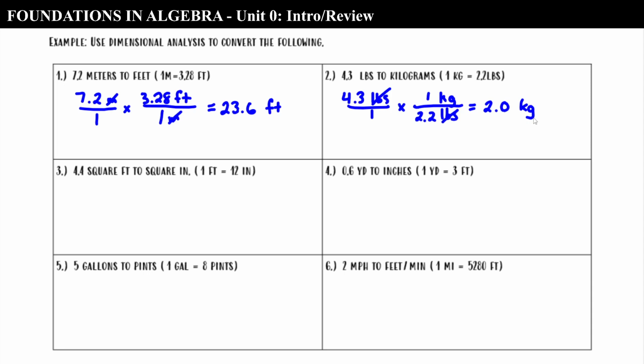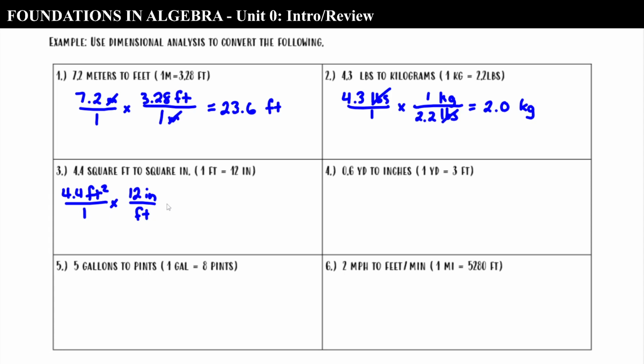For number 3, 4.4 square feet to square inches. We start with 4.4 square feet, put it over 1. Our conversion factor is 12 inches in a foot. But we need to do this twice because we have feet times feet here.